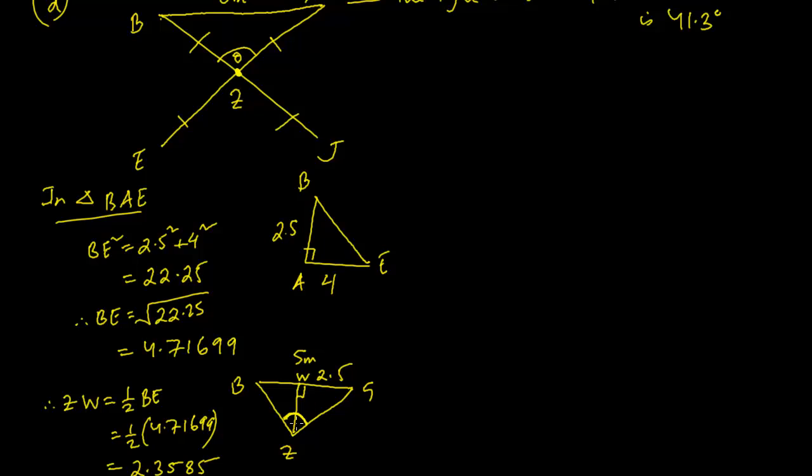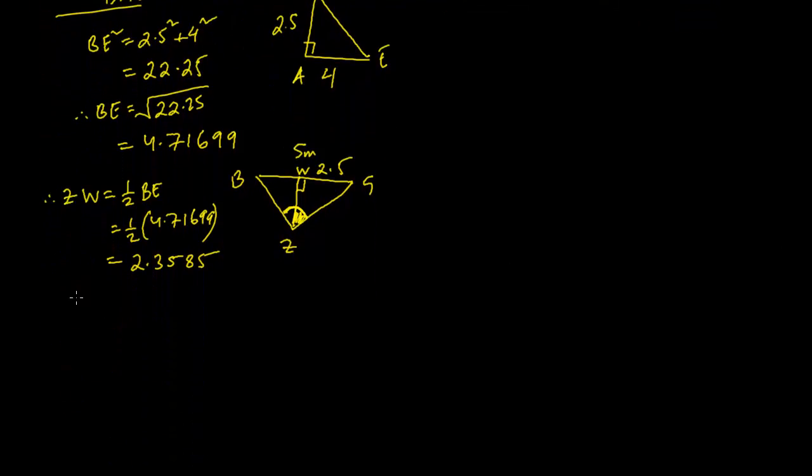In order to find this angle, we can either use the cosine rule, but here it's easier because we don't know this side and that side. We can just use the ratio. So in triangle ZWG, we can find this angle. Let me call this theta. We are naming it theta over and over again, but as long as we restate it properly, it's fine.